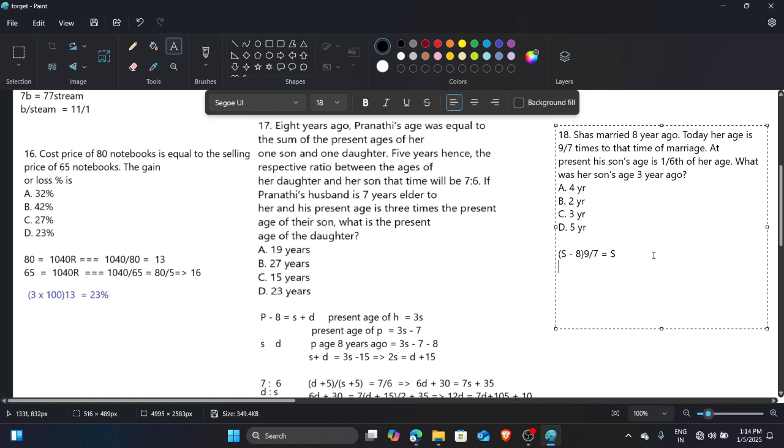So what is this? 9s minus 9 into 8, that is 72, equals 7s. Then 7s goes to this side, so it is 2s only, and the 72 stays 72, but it changes from minus to negative.